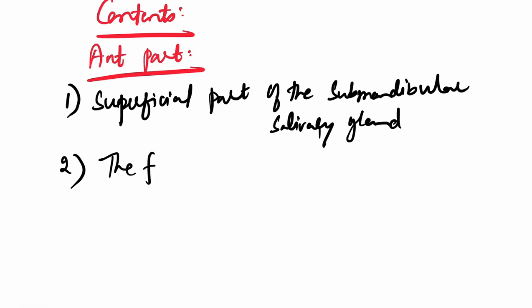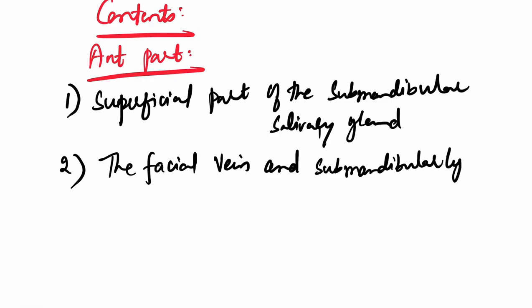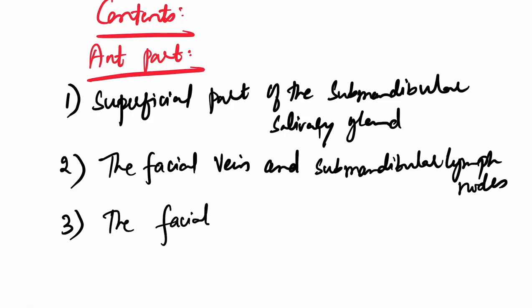Then deep to this there is the facial artery. Remember the facial vein is superficial and the facial artery is the deep structure in the anterior part.